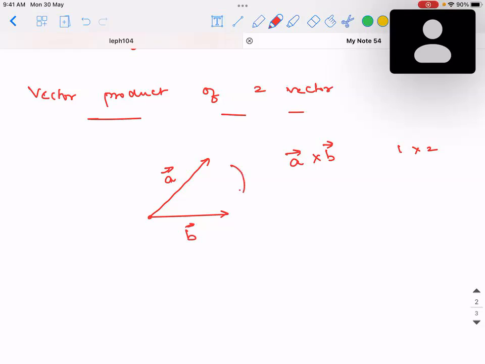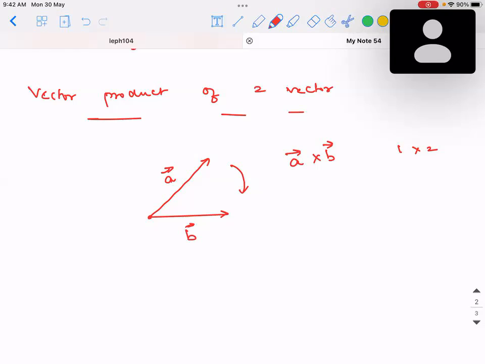Obviously clockwise. When this is the case, now again, you need to take the help of your right hand. This we call the screw rule. This time you will be doing the reverse. You will first curl the fingers and then extend the thumb. So curl the fingers of your right hand in the direction of A vector cross B vector.